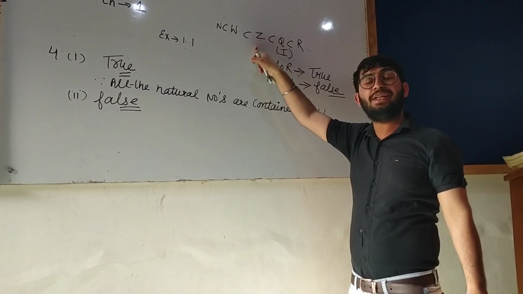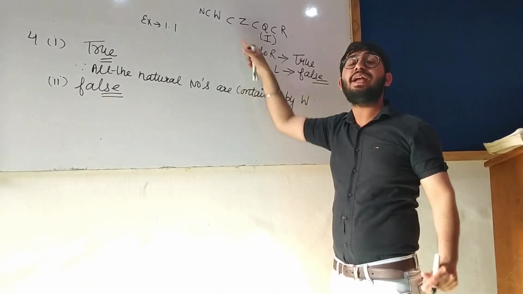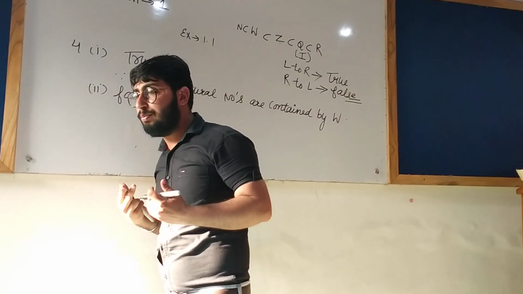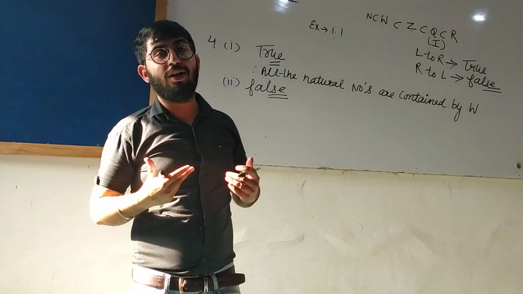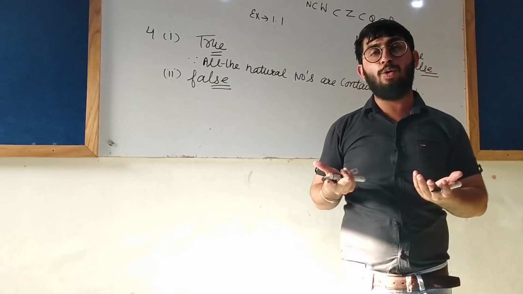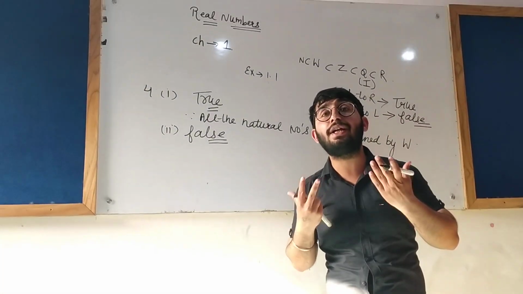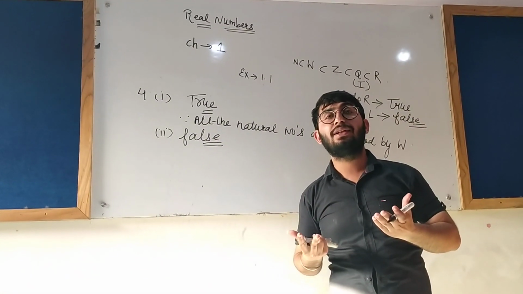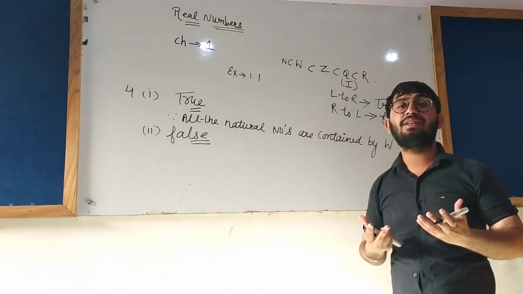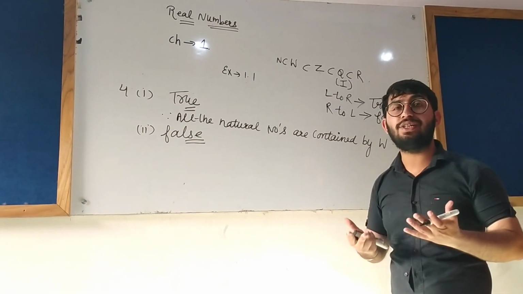No, all the integers are not whole numbers. Integers are the collection of natural numbers, negatives of natural numbers, and zero. Zero and natural numbers combined are called whole numbers. But where are the negatives of natural numbers? Whole numbers don't contain the negatives of natural numbers.